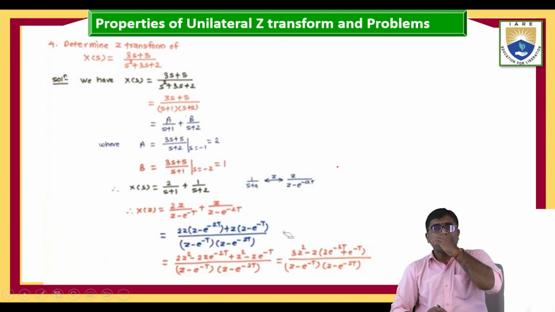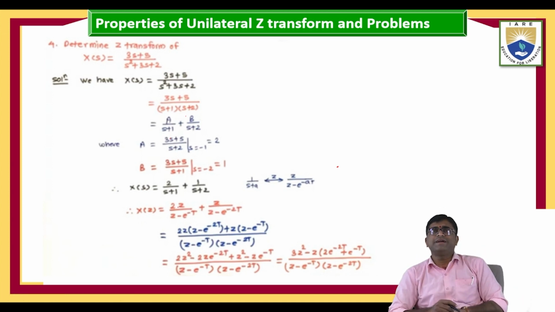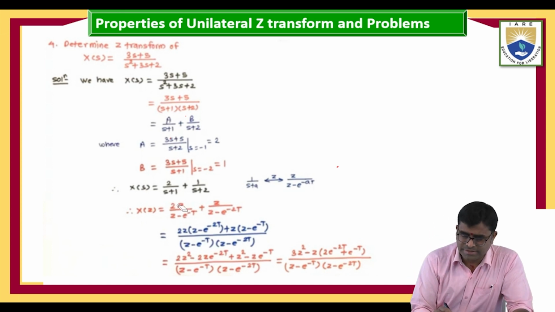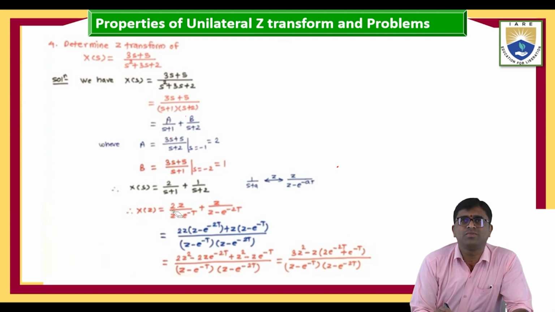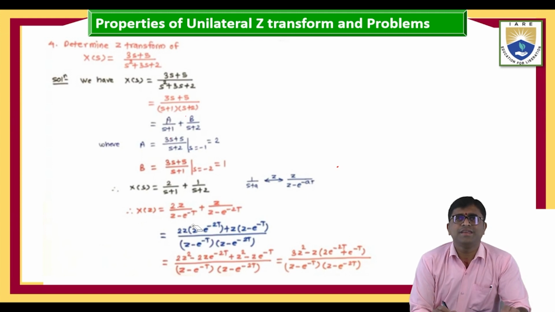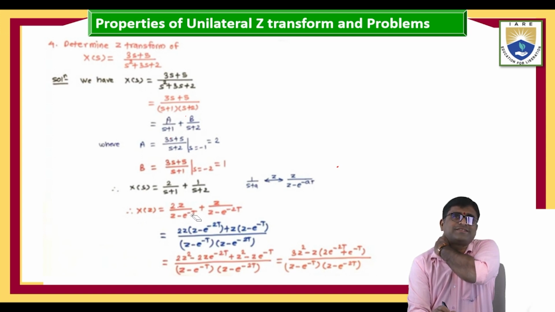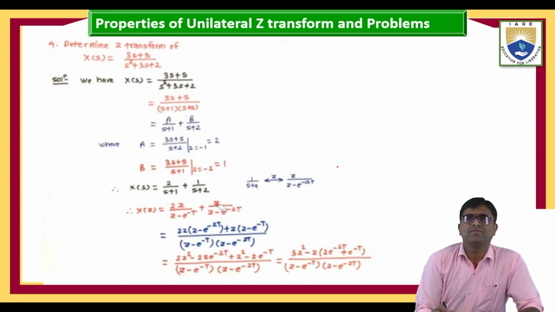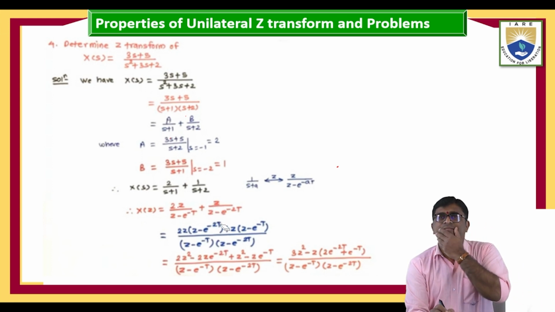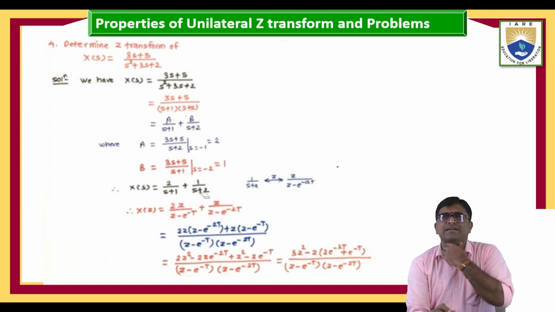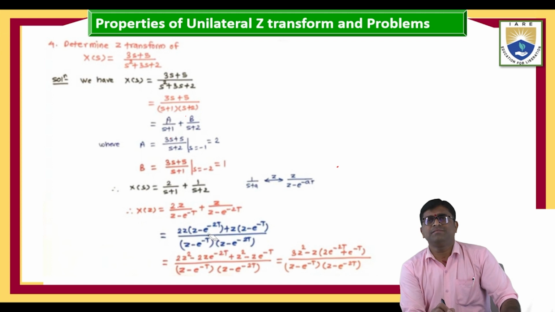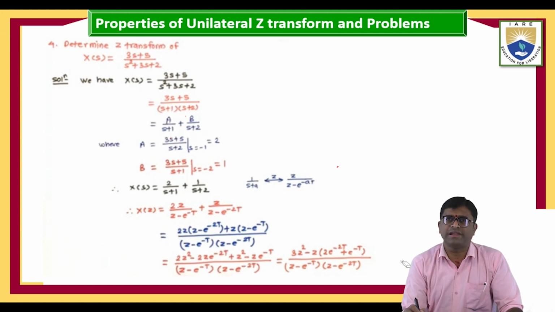What is the Z transform of 1 by s plus a? That is z by z minus e power of minus aT. Similarly, it comes as 2 into z by z minus e power of minus T, plus z by z minus e power of minus 2T. Taking the LCM and solving the mathematical expression, we got this value.